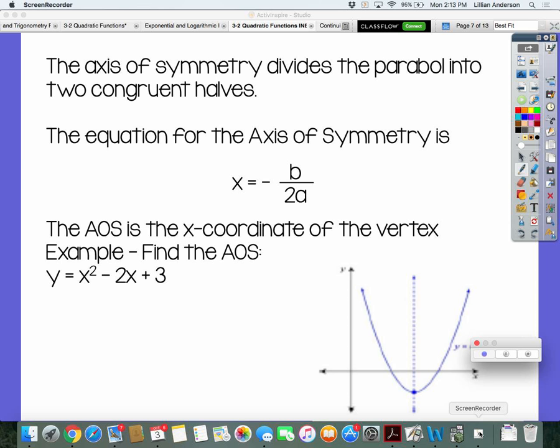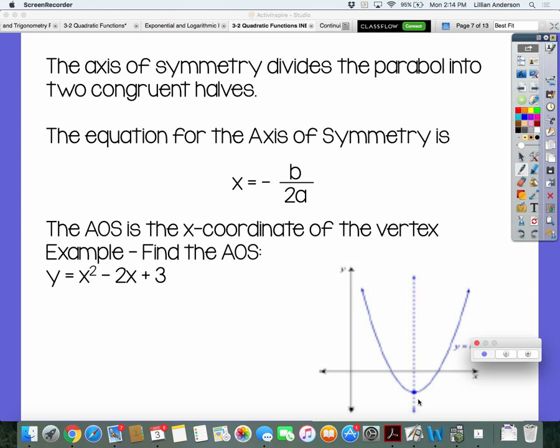So whatever b is in your quadratic, whatever a is, you plug those in, you simplify, and you have your axis of symmetry. It's x equals whatever that number is. And one interesting thing is when you find the axis of symmetry, you actually also found the x-coordinate of your vertex. So they're related to each other. Because it's a vertical line that goes straight through your vertex and it cuts the x-axis. So it shares the same x-coordinate.